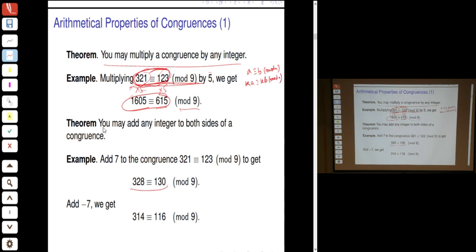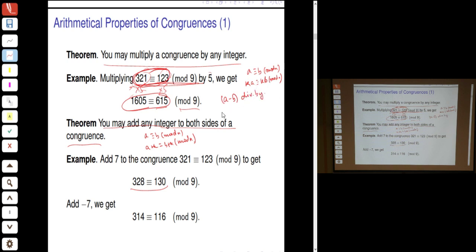Another property is that you may add any integer to both sides of a congruence. So if A is congruent to B mod n, then A plus k is congruent to B plus k mod n. These are easy to see. If A is congruent to B mod n, then A minus B is divisible by n.